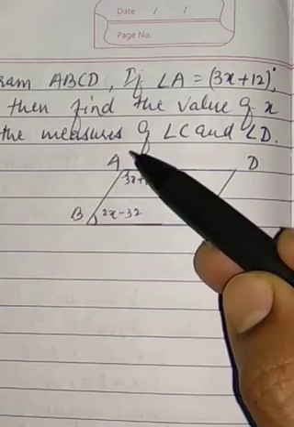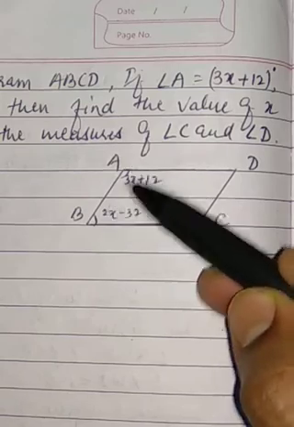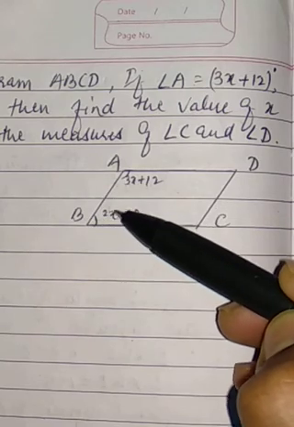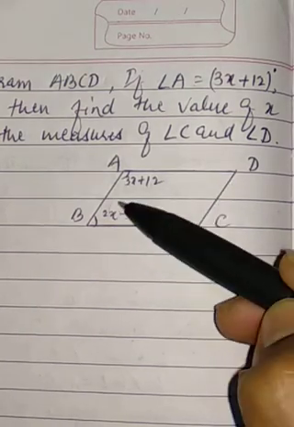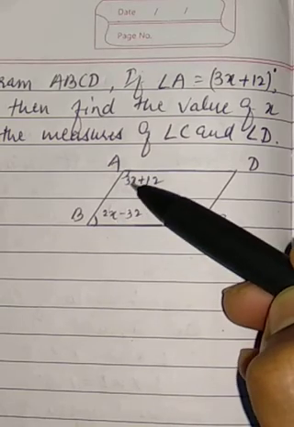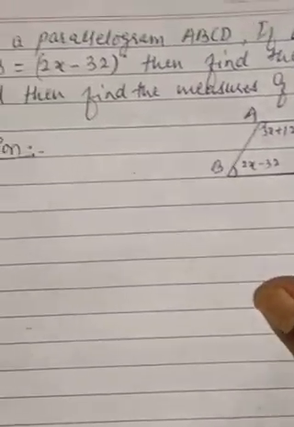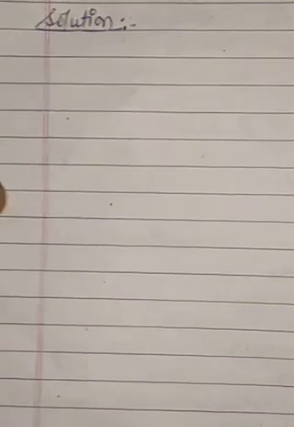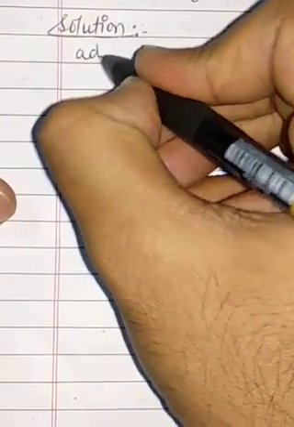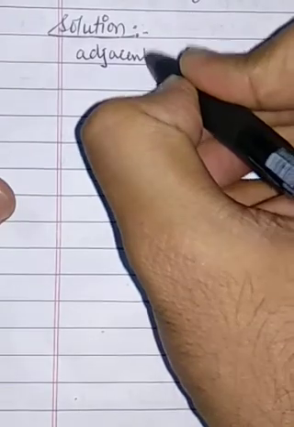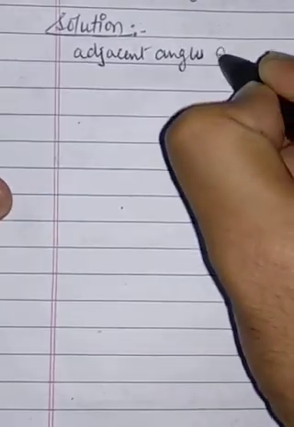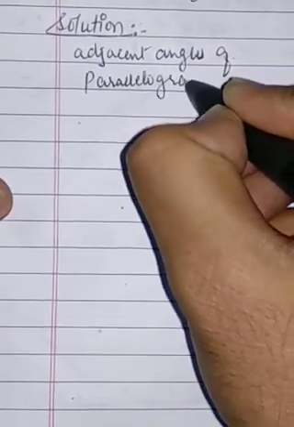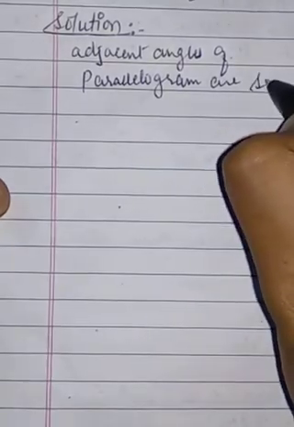Now you can see here angle A and B, they both are adjacent angles. And what is the property regarding adjacent angle? Adjacent angles of parallelogram are supplementary. That means sum of these two angles is 180 degree. So let's apply this property. We will write here adjacent angles of parallelogram are supplementary.